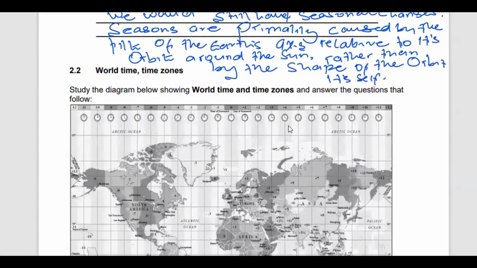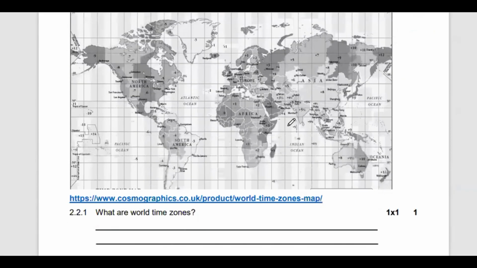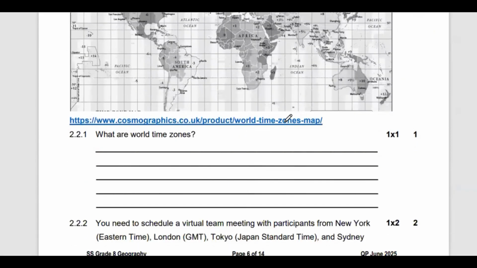Right, the world zones and time zones. Okay, let's move on to the world zones and time zones. What are world zones?